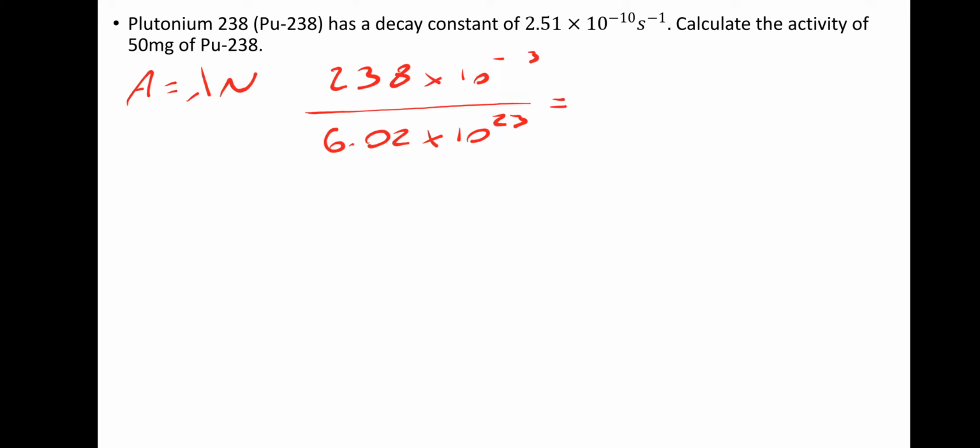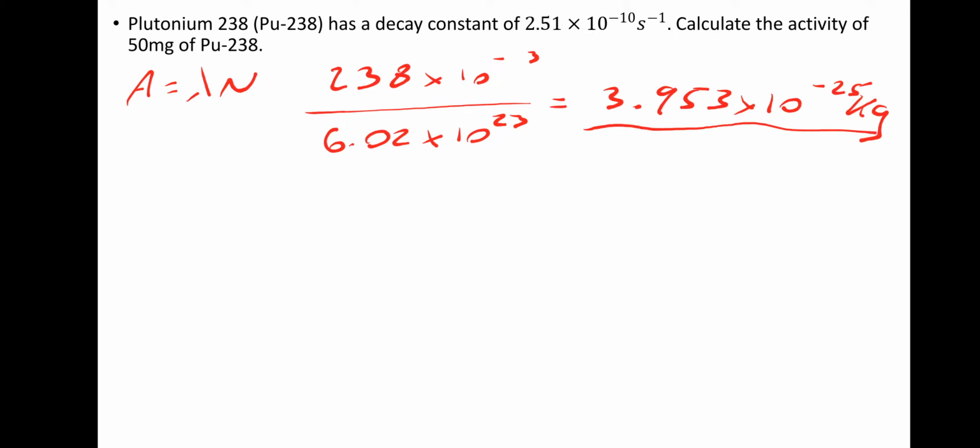And that gives us a mass of 3.953 times 10 to the minus 25 kilos. Now, I'm writing 4 significant figures. You should, because these are intermediate calculations, it's probably best practice just to use the full number in the calculator. So your answer might be slightly different to mine, but don't worry.